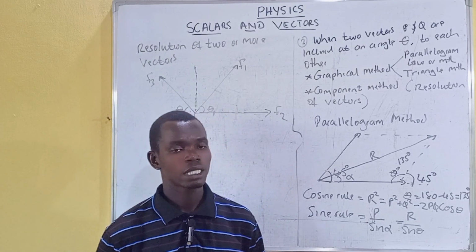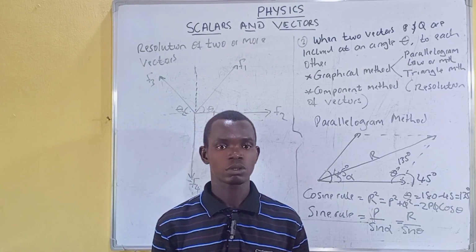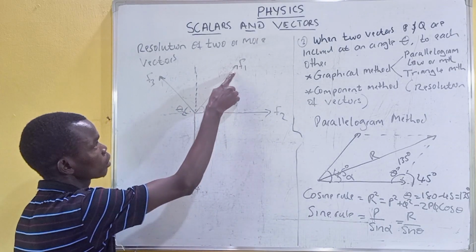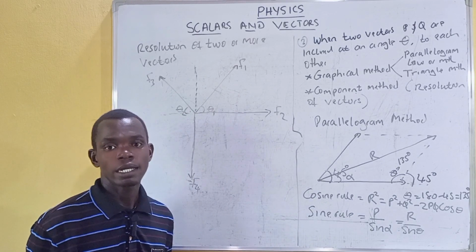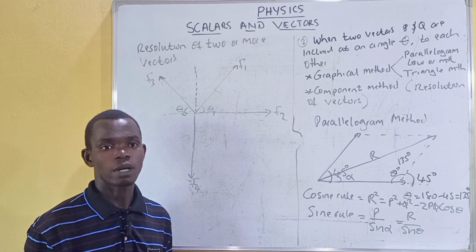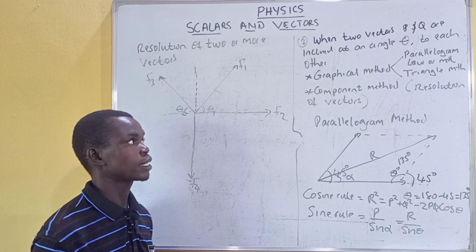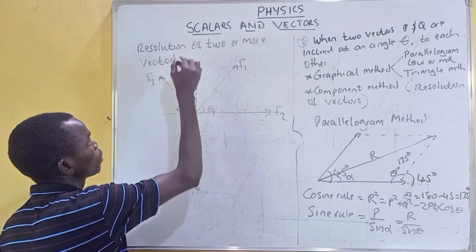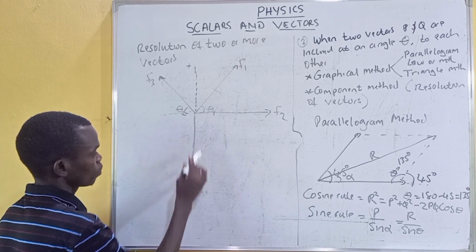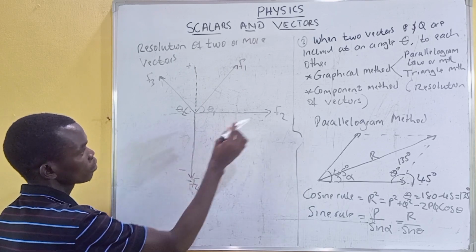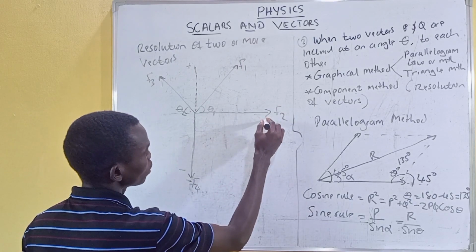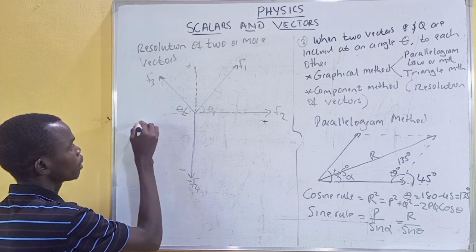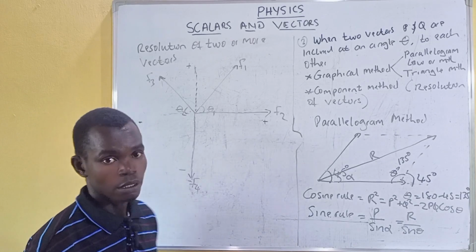To find the resultant of these vectors, we resolve each vector into 2 perpendicular directions, that is X and Y, using our sign convention, where in the vertical component, going up is positive and downward is negative, while the right side of the horizontal is positive and the left side is negative.